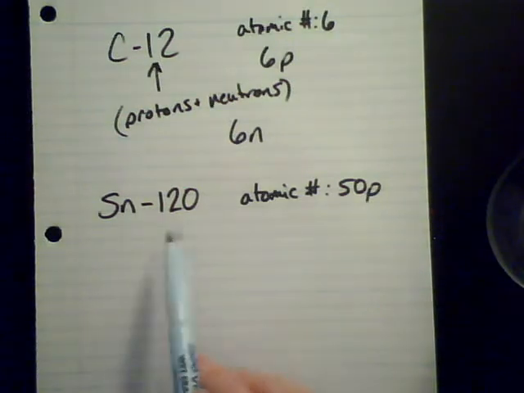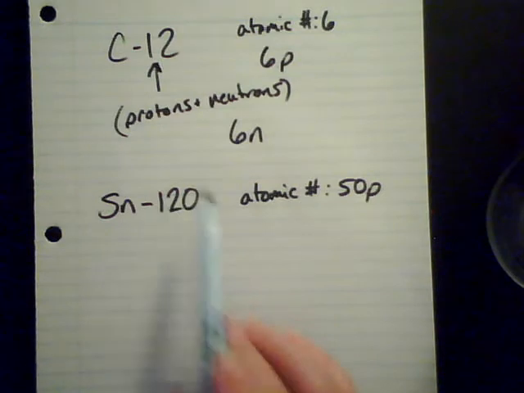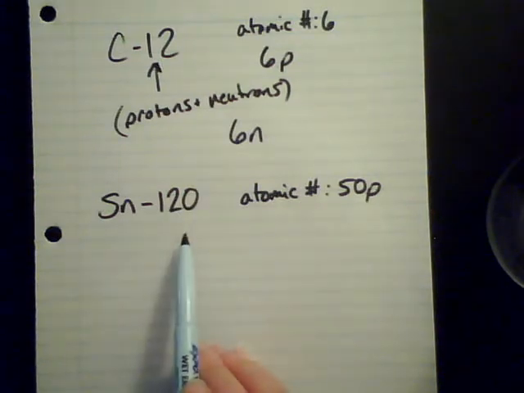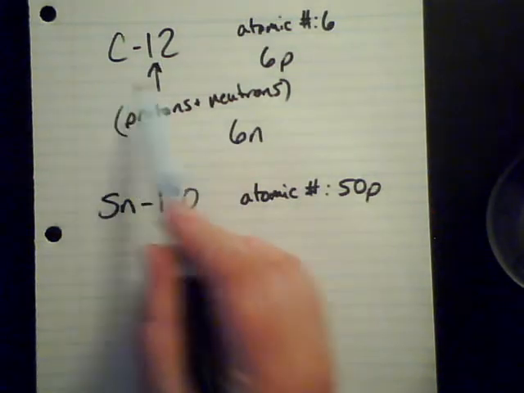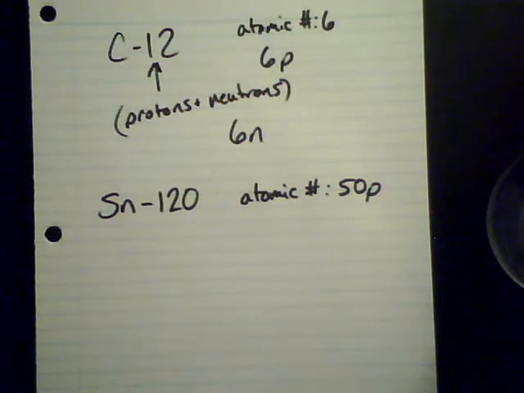So how many neutrons are in this isotope of tin? Tin-120 is the way that we would read that, just like carbon-12 up here would be the way we'd read this. So in tin-120, how many neutrons do I have?